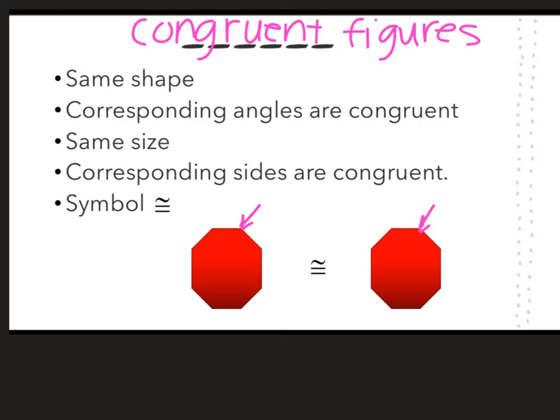And then corresponding sides are also congruent. So this side here is the same length as that side there. So in congruent figures, everything is equal. Our symbol for that is that little squiggly line we used for similar figures, but with an equal sign underneath.